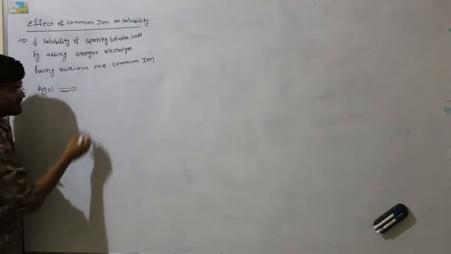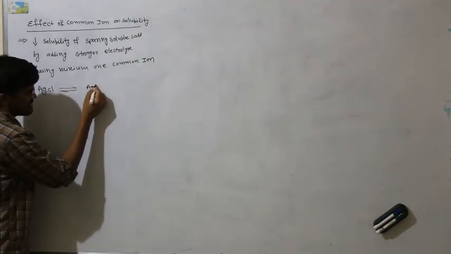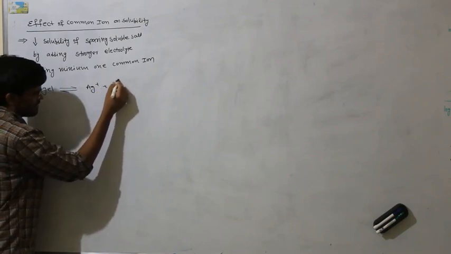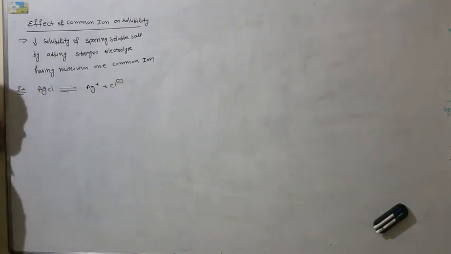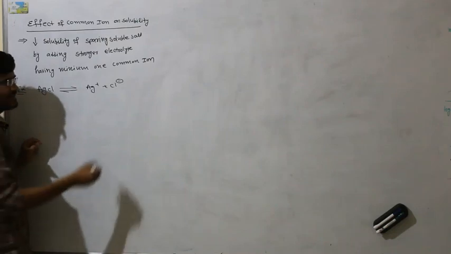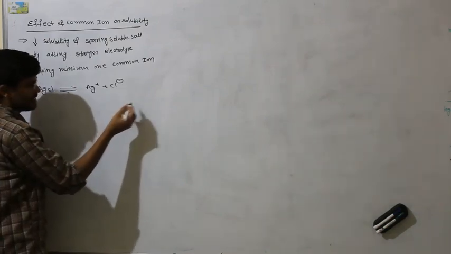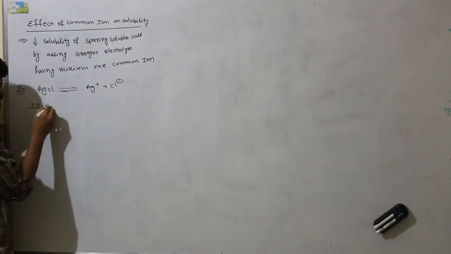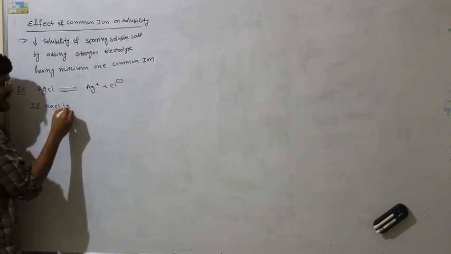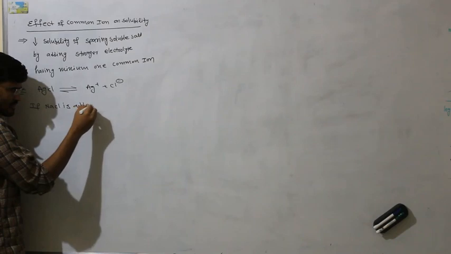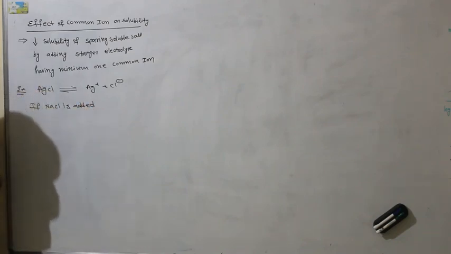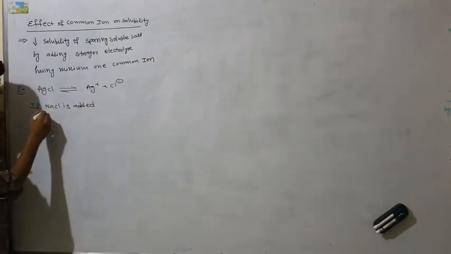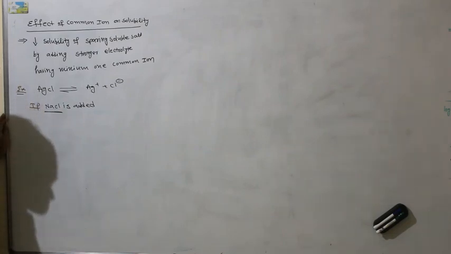For this sparingly soluble salt, the solubility equation will be Ag plus, Cl minus. For this, I will add some stronger electrolyte. If sodium chloride is added, sodium chloride is a stronger electrolyte which undergoes 100% dissociation.